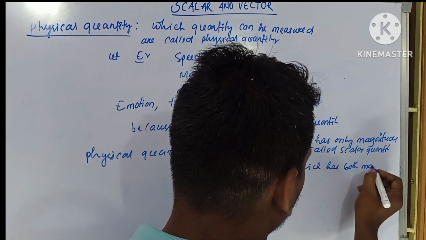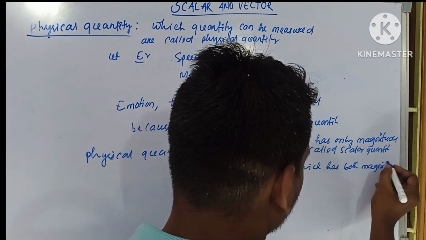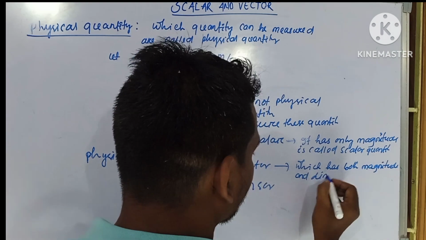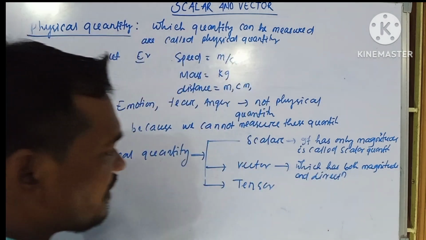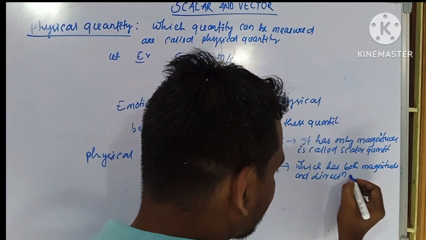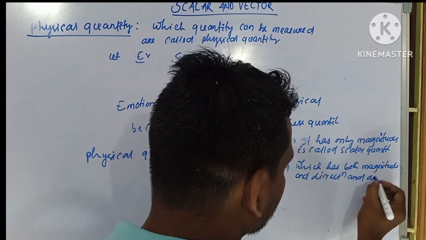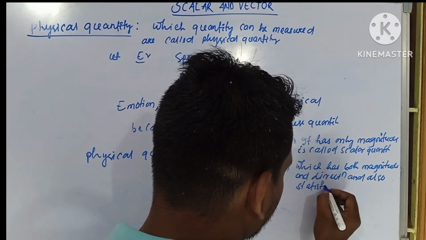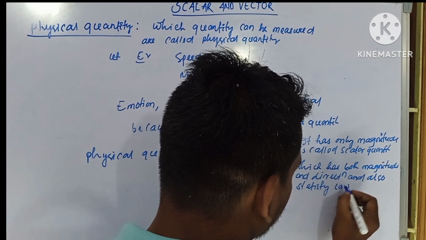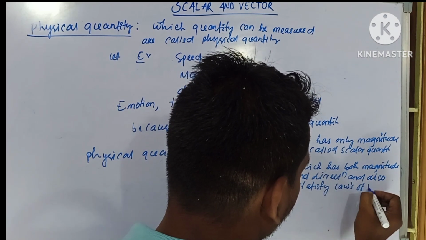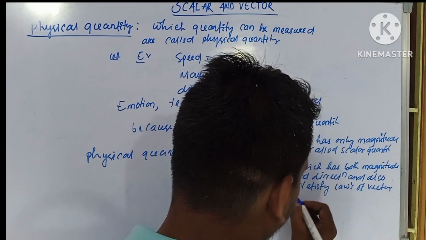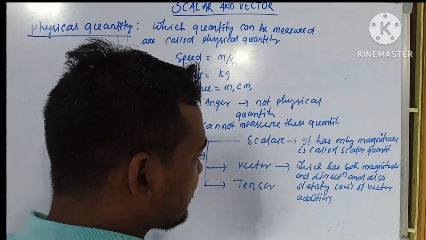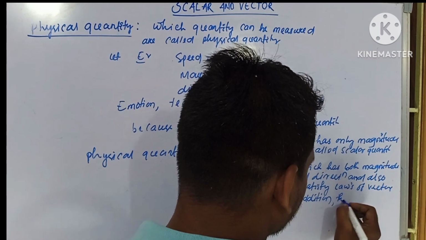And a vector quantity is a quantity which has both magnitude and direction, and also satisfies the laws of vector addition.